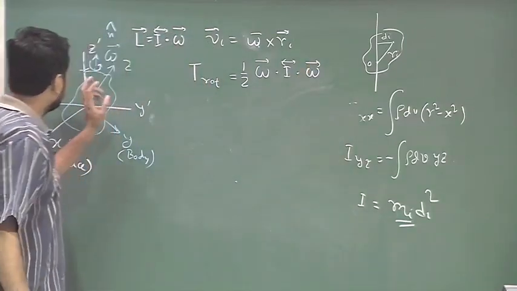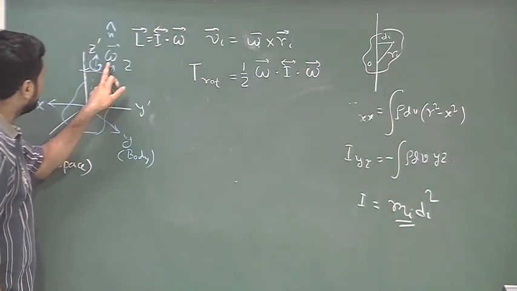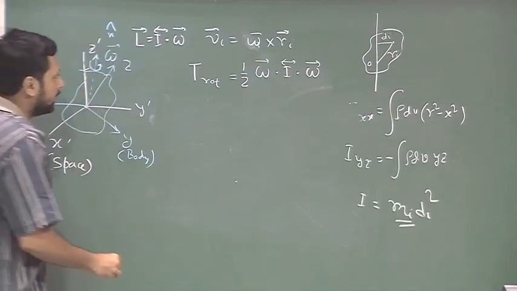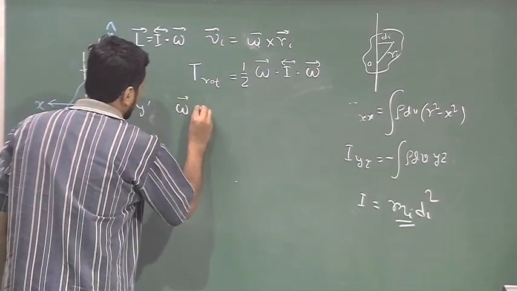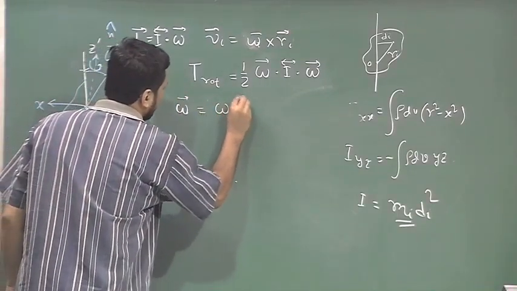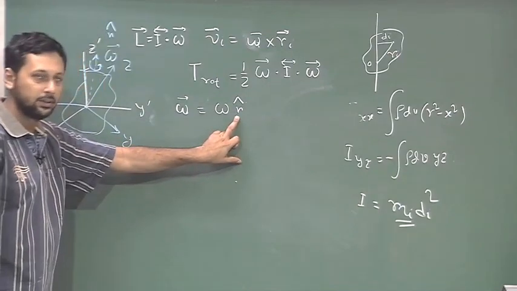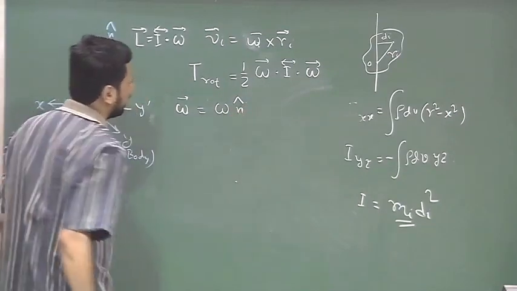Now, omega is the angular velocity around an arbitrary axis of rotation. So, omega can be expressed as omega n capped, where n capped is the direction of this arbitrary axis of rotation. It is a unit vector in the direction of an arbitrary axis.